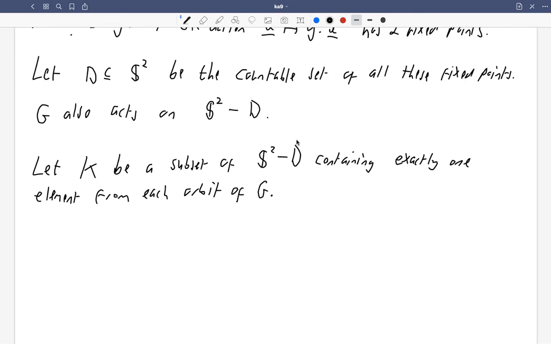And so the equivalence classes of this equivalence relation are called the orbits of a group action. And it's just the same kind of application of the axiom of choice we saw before, that we are extracting exactly one element from each equivalence class. So here, maybe we put it in red.